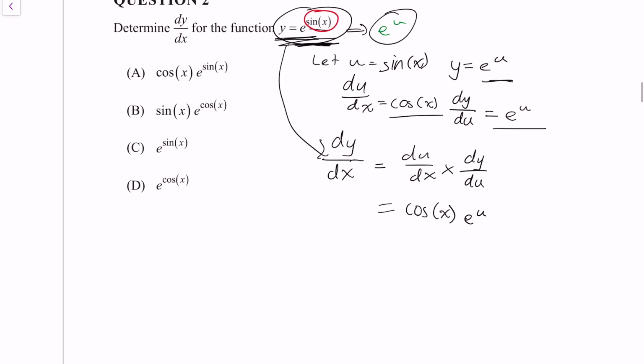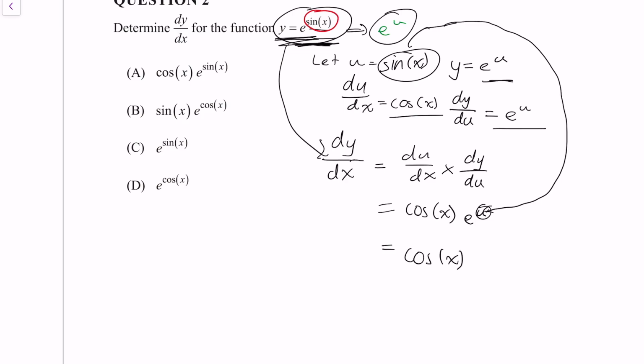Always remember that the answer options won't usually have u, so we need to remember what u was. u was originally sine x, so we just replace that here. So we have cos x times e to the power of sine x, and we can clearly see that is just A.